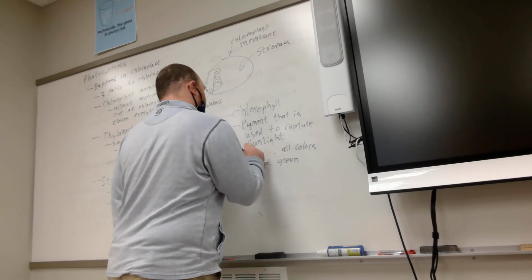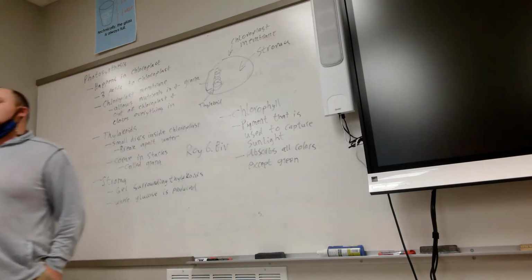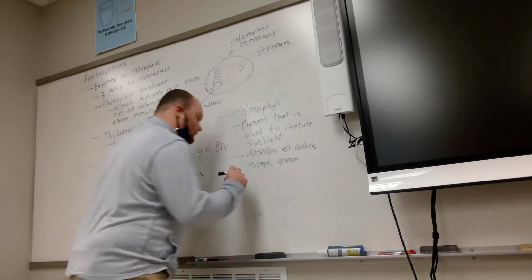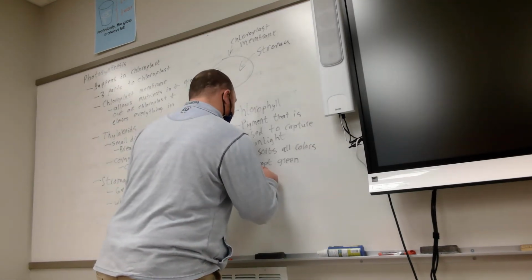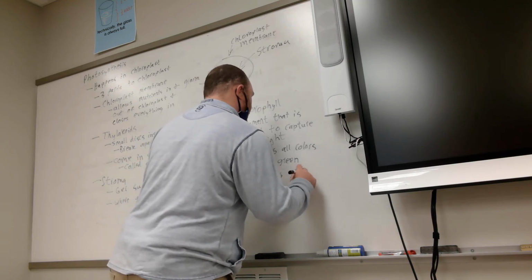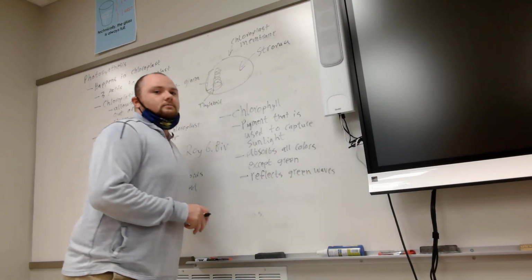Absorb is a much better word. So what does it do to green if it's not absorbing it? It's reflecting it. Alright? It reflects green, which is why we see the green color. It reflects the green waves. Okay?